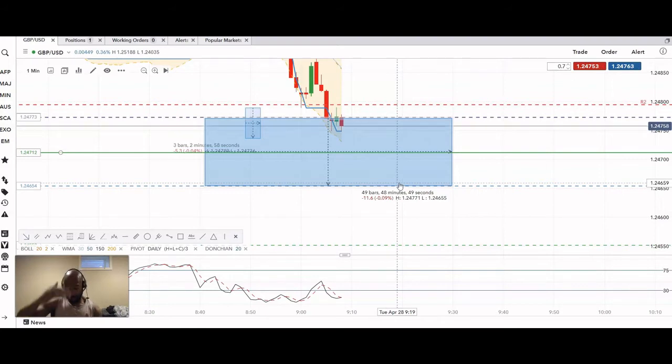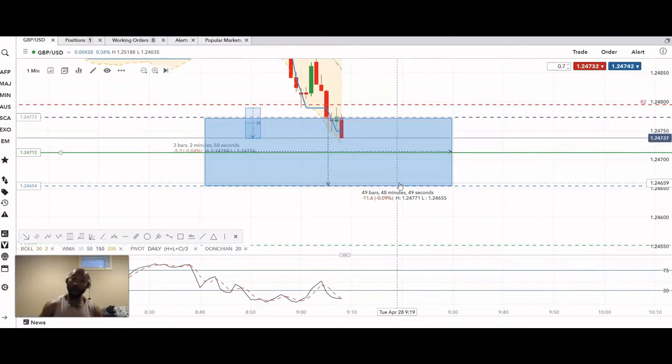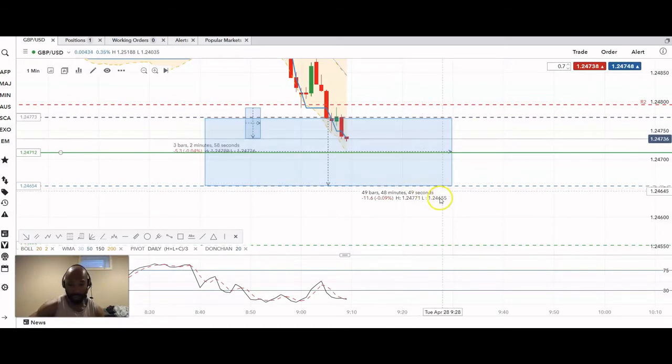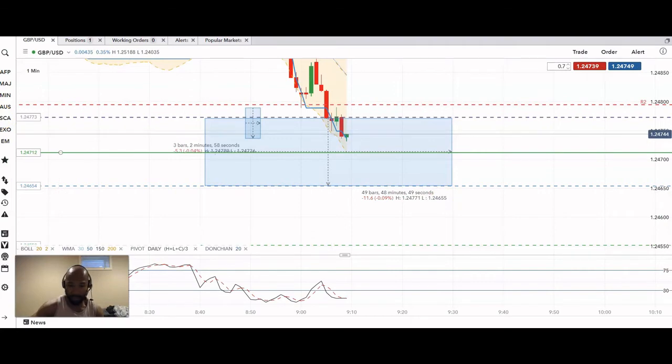It either crosses it and reaches 5 pips after, or it crosses or touches it and reverses and the trade is over. So let's see what's going to happen. But so far I'm liking this trade.